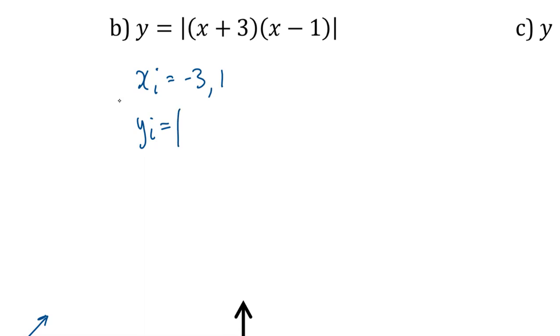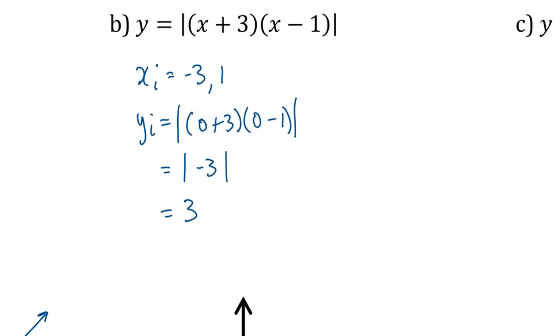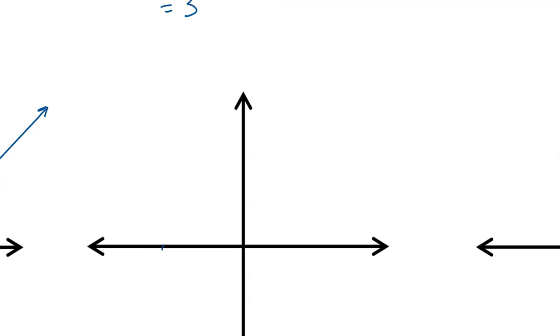But here's another thing that you can do. If you're struggling with the y-intercept, just sub in 0. So the y-intercept of the actual function is going to be 3, but that -3 is going to be important. Okay, so I've got x-intercepts of -3 and 1.